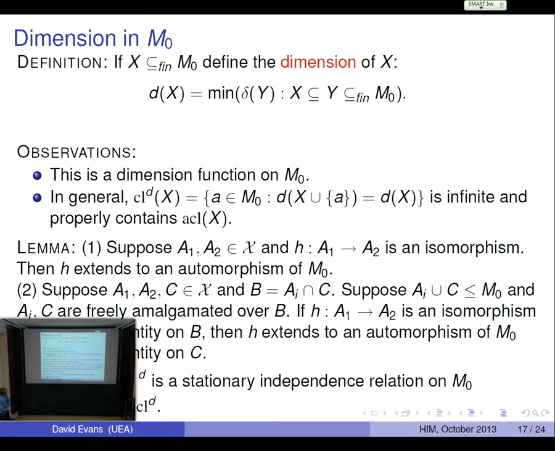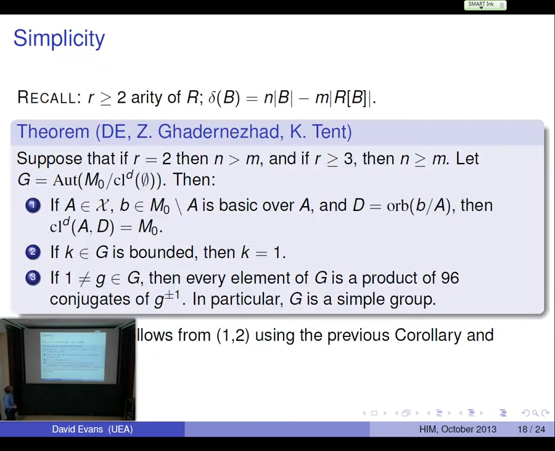The proof we have uses essentially the calculation in Hrushovski's proof of the algebraic amalgamation lemma, if you know what that is. So the hard amalgamation lemma in Hrushovski's paper. Okay, but there's something slightly mysterious about that. But the end result is that for this example, we've got a stationary independence relation compatible with the closure. So we can apply Theorem B there.